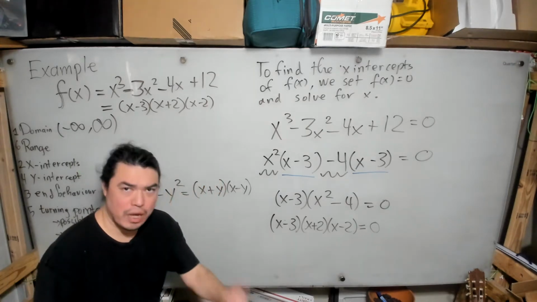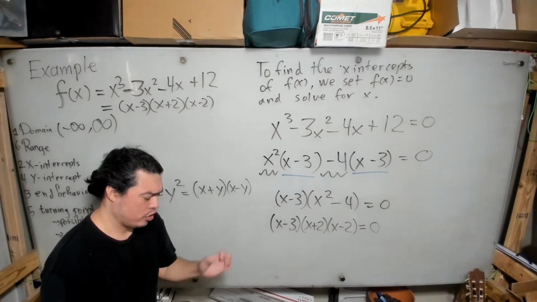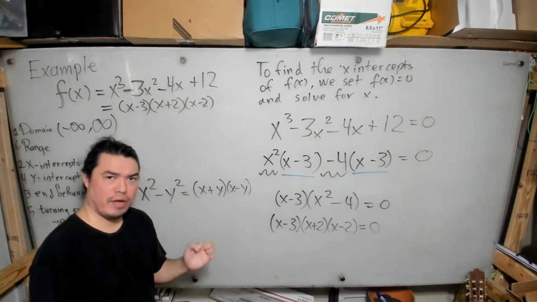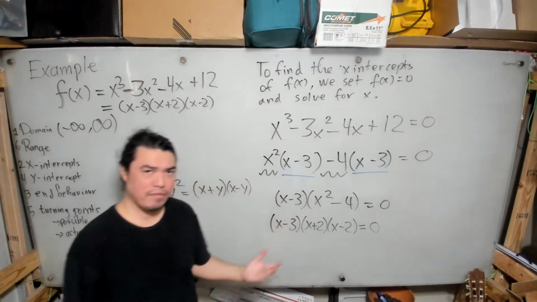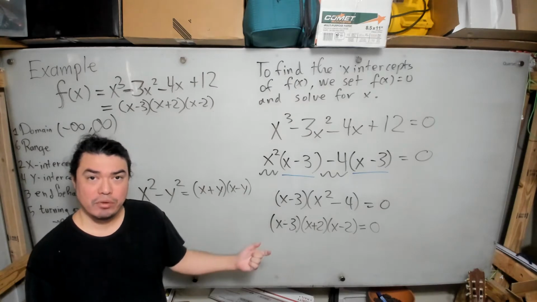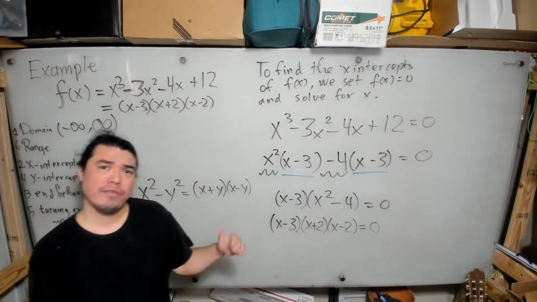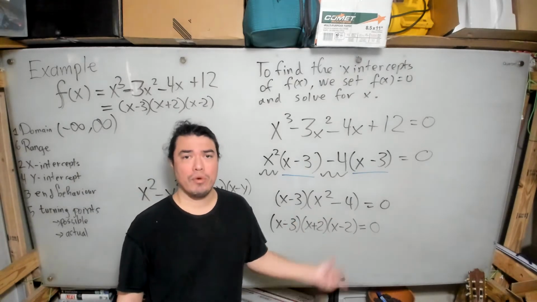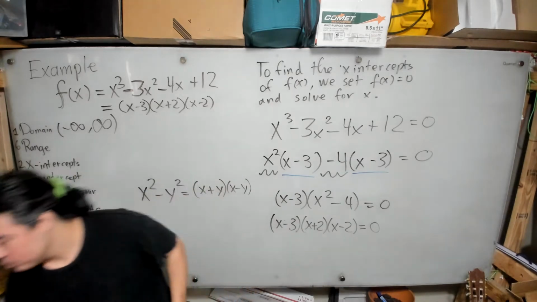And so now we're ready to get the zeros. I know most of you might be familiar with the zero product property: if I have two real numbers being multiplied to give me 0, then either the first one is 0, the second one is 0, or both are 0. But we can state it more generally as follows.